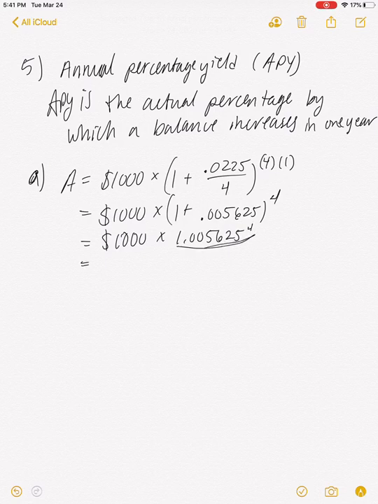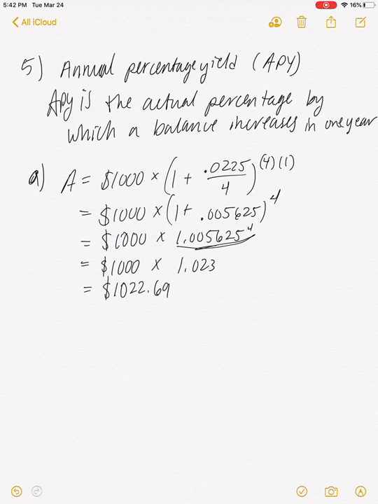Now this part right here we do on a calculator, and we keep the digits in there because we're going to eventually multiply by 1,000, and we get 1.023. And when we multiply that by 1,000, we get $1,022.69. Okay, so I round to the 100th place because we're dealing with money. All right, so that's the total after a year of investing $1,000 with this setup.